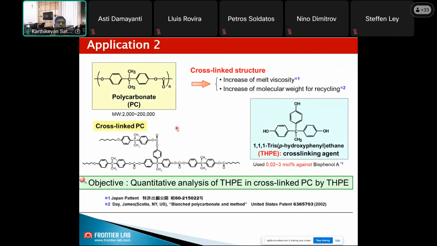Here we show polycarbonate cross-linked with THPE, which is nothing but tris hydroxyphenyl ethane, as a cross-linking agent. The objective of this analysis is basically to quantitatively analyze the THPE in a cross-linked polycarbonate, where the THPE is used for cross-linking.